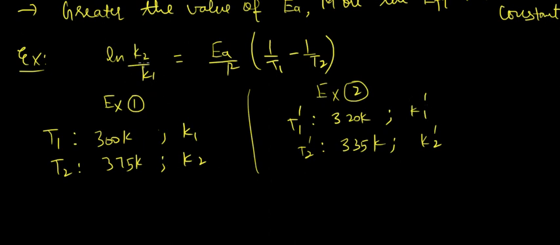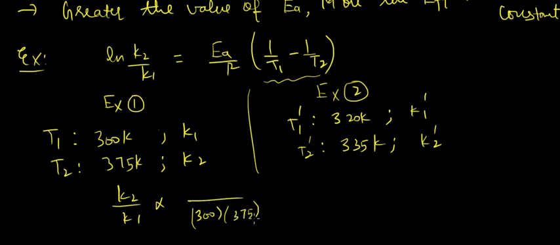So from this, k2 upon k1 would be proportional to the difference of 1 upon T1 minus 1 upon T2, which would be 300 times 375 in the denominator, and in the numerator we will have 75.